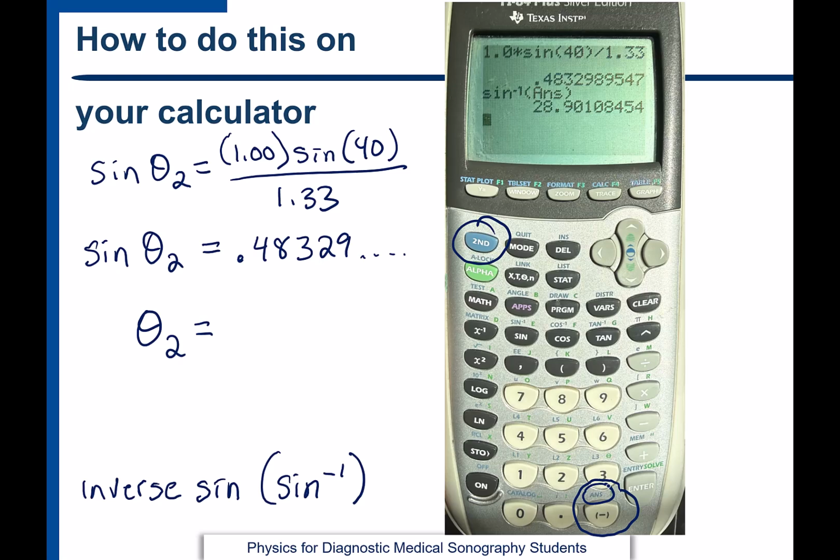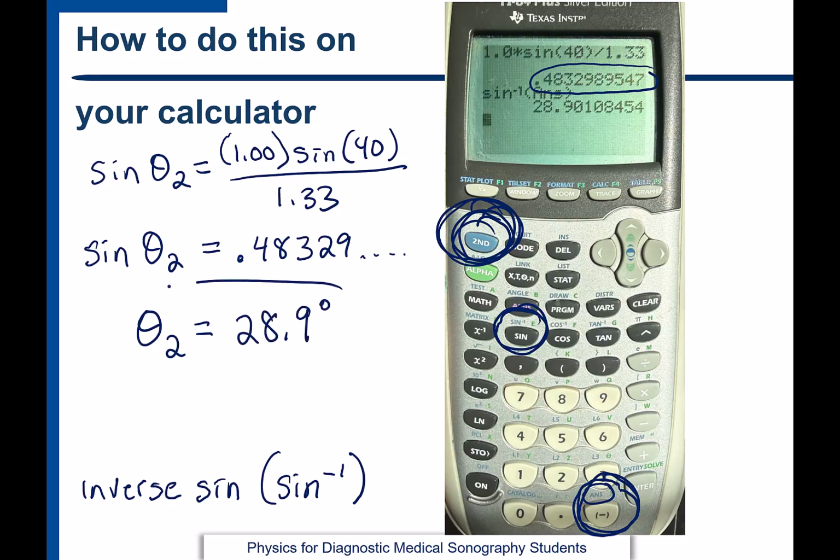So once I've calculated this number, I would do second sine and then second answer and hit enter, and I get my answer of 28.9 degrees.